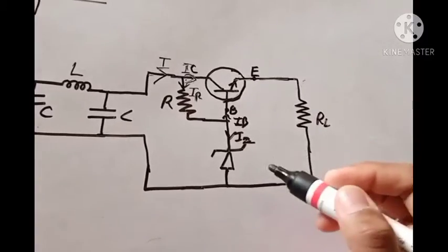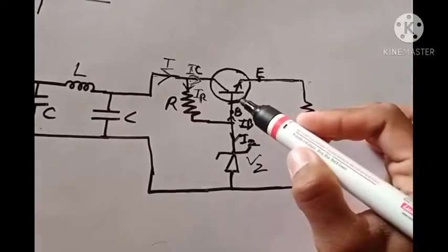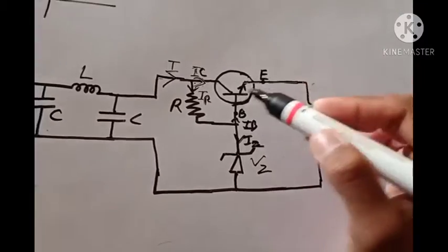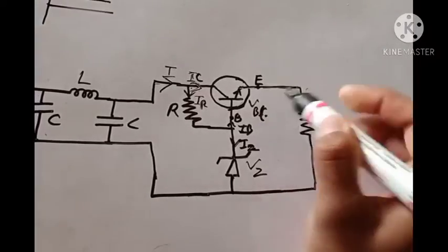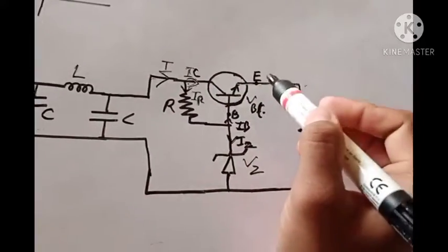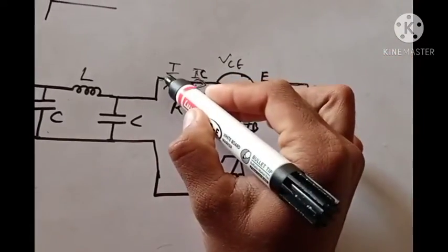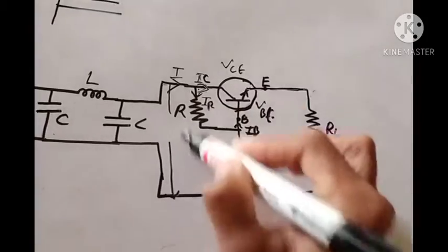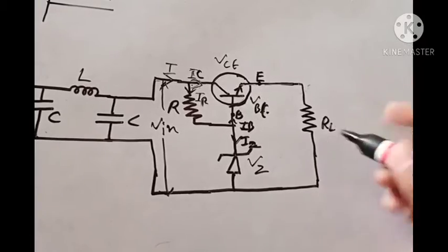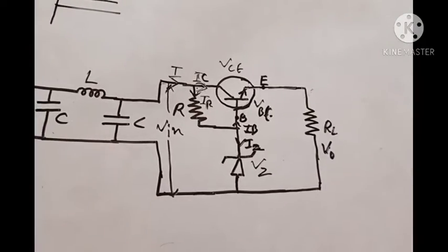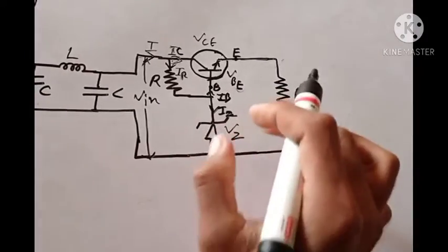The voltage across the Zener diode is VZ, the voltage across the base terminal and emitter terminal of the transistor, let it be VBE, and the voltage across the collector terminal and emitter terminal of the transistor, let it be VCE. The given input voltage, let us assume, is Vin, and the output voltage will be V0. The Zener diode is connected in reverse bias condition.